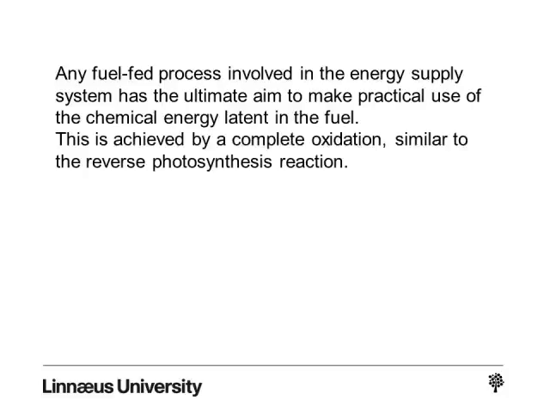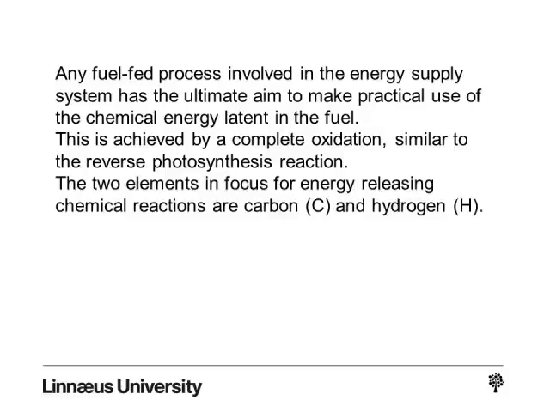Now, making use of all the chemical energy is achieved by one and only one process, and that is a complete oxidation. And this complete oxidation is similar basically to the reverse photosynthesis reaction, as we've talked about before. Now, there are two elements that are essential for this, and these are carbon and hydrogen as present in the fuel.